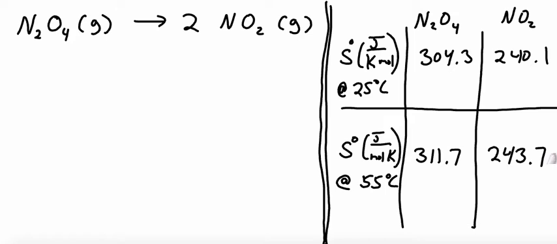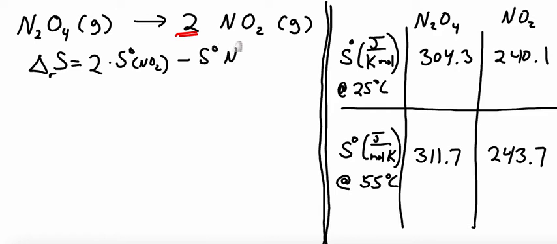But what about the delta S for the reaction? So let's figure out what delta S is for these two different temperatures. So delta S for a reaction is just products minus reactants. We have to make sure that we also incorporate the coefficients when we do this. So it's 2 times the entropy of the product minus the entropy of the reactant.